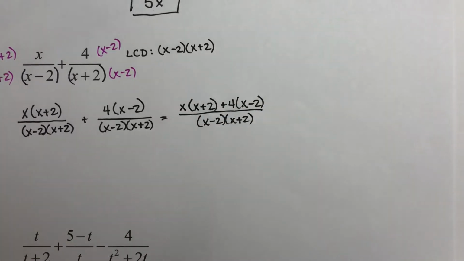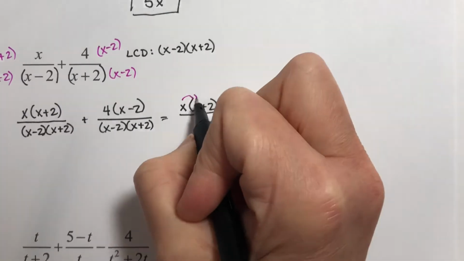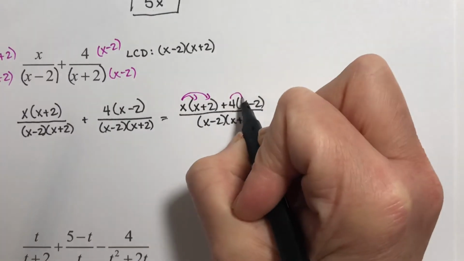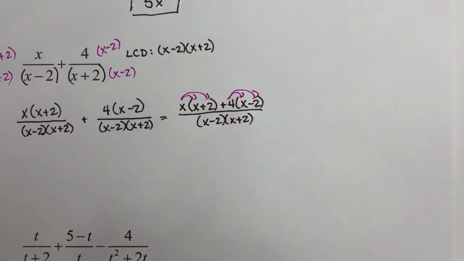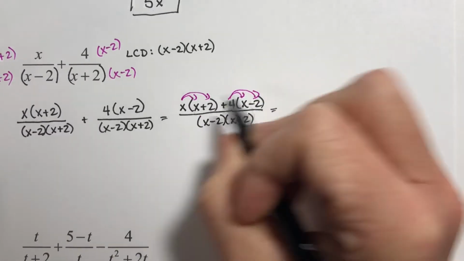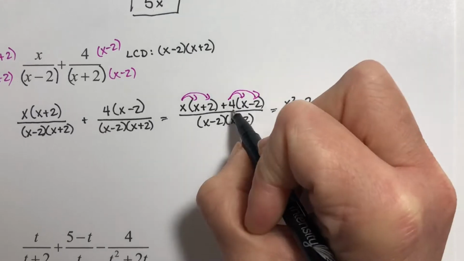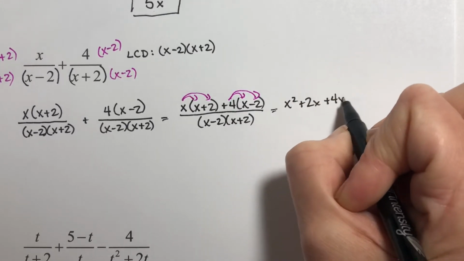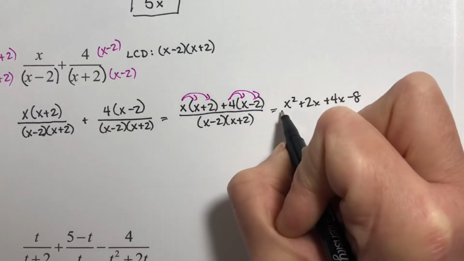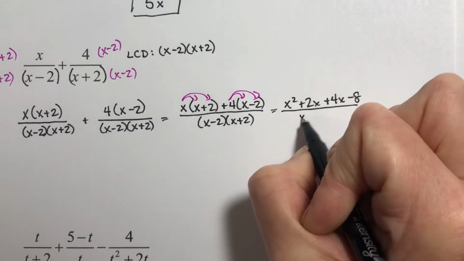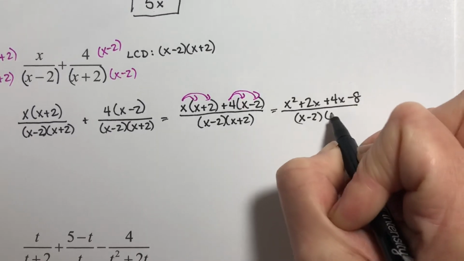And then we need to distribute. And we get x squared plus 2x plus 4x minus 8 over x minus 2, x plus 2.